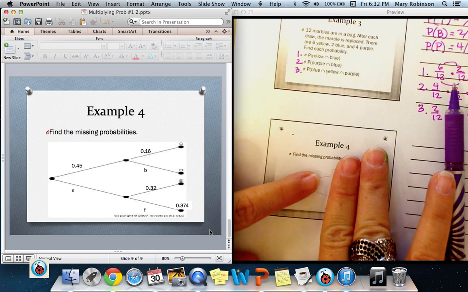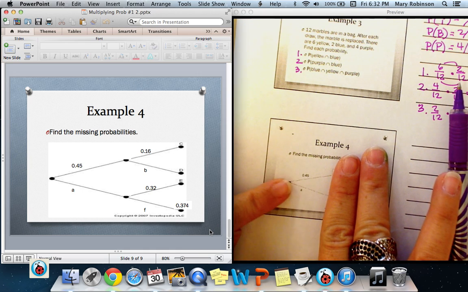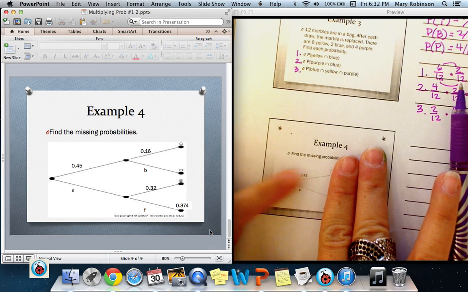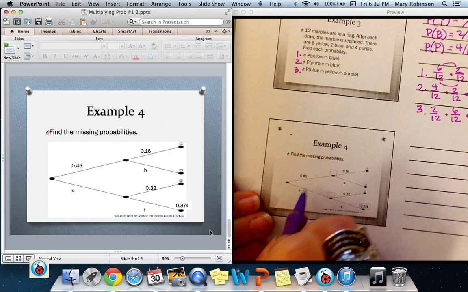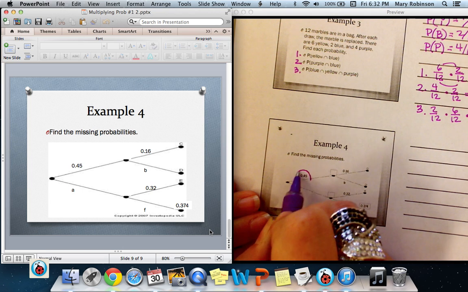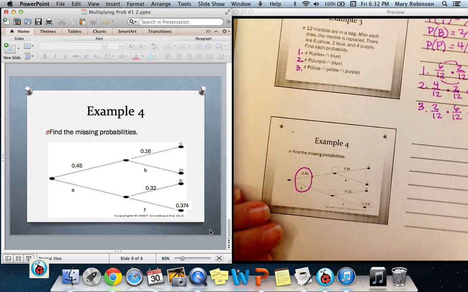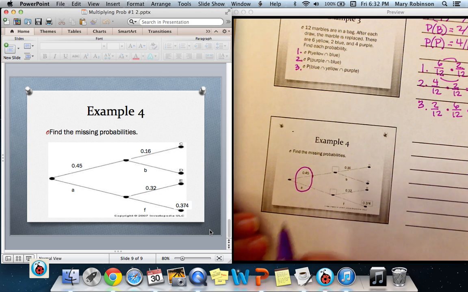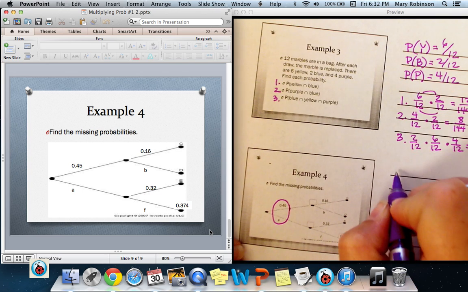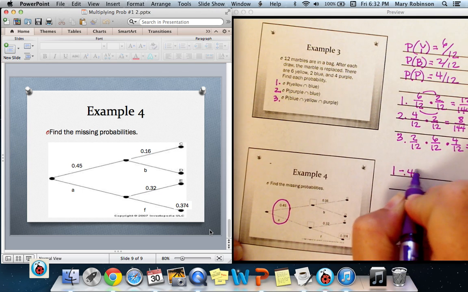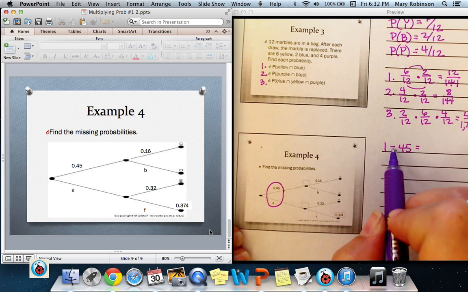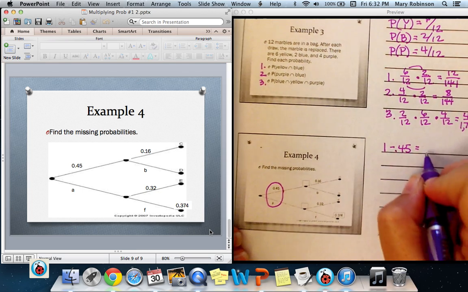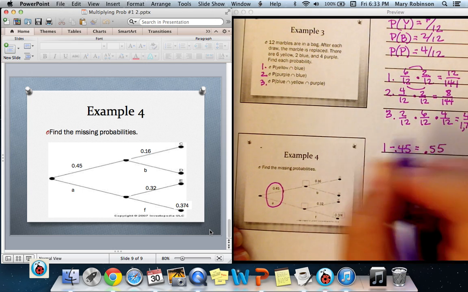So if we take a look at the first one, the sample space, we have 2 scenarios. To find the probability here, labeled A, we need to remember that this must have a sum of 1. So if we say 1 minus 0.45, and if you think about money, it actually helps. Think about $1 minus 45 cents is 55 cents. So that's A.